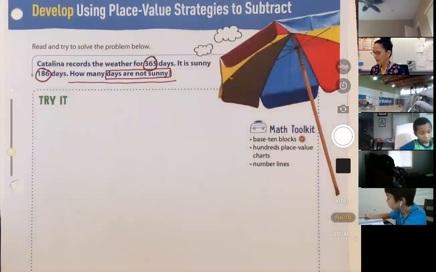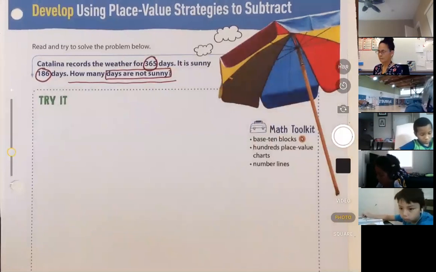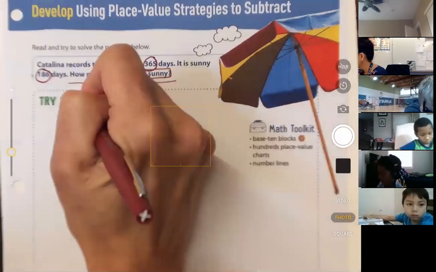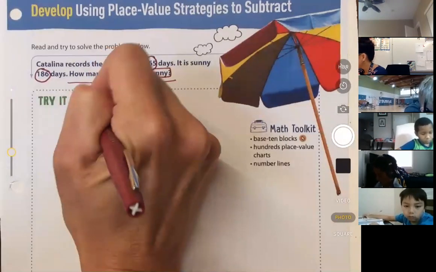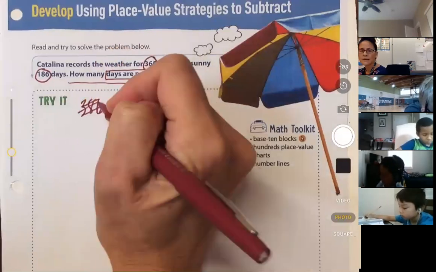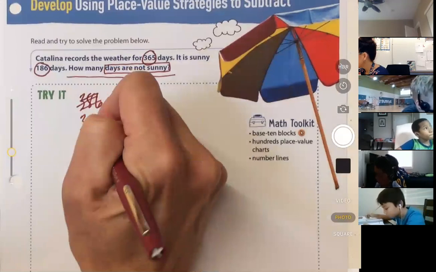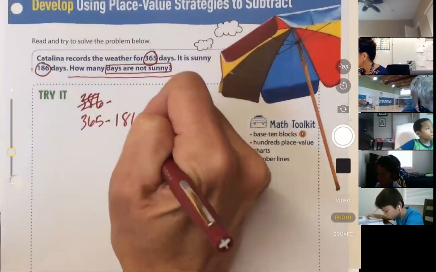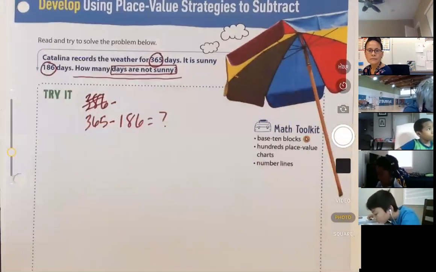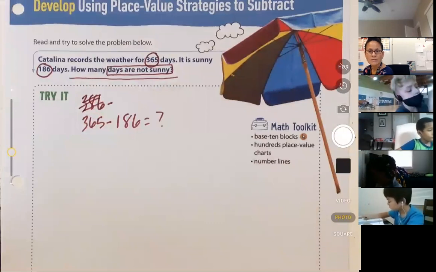All right, so we could do a model here to do this subtraction problem. So we are looking at 386, I'm sorry, my mistake, very sorry. 365 minus 186. We want that difference. That's what we're looking for, the difference between these two numbers. Subtraction problem.